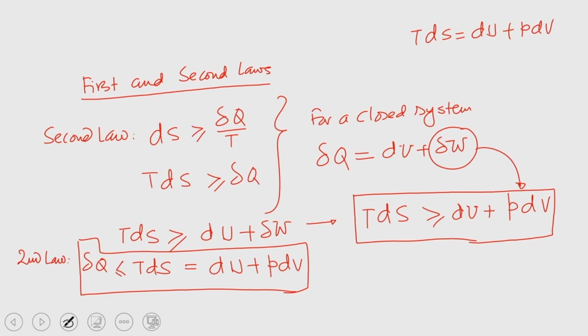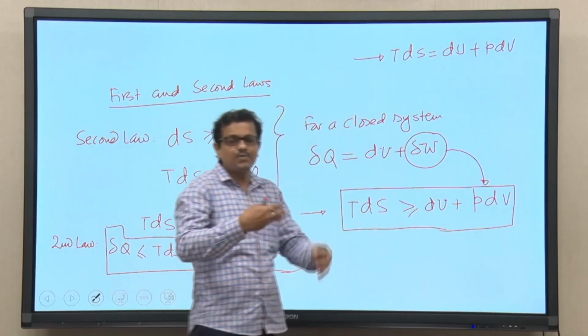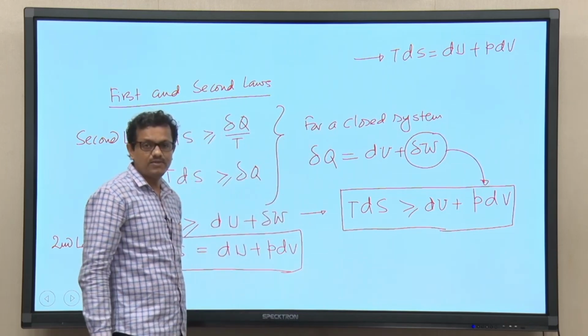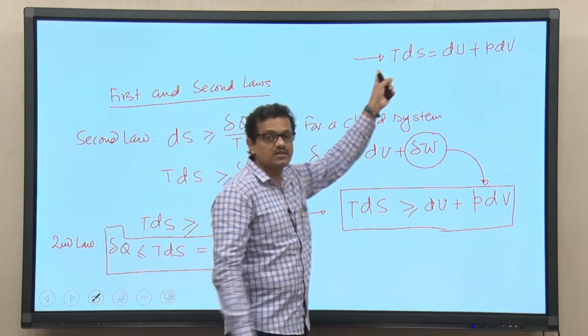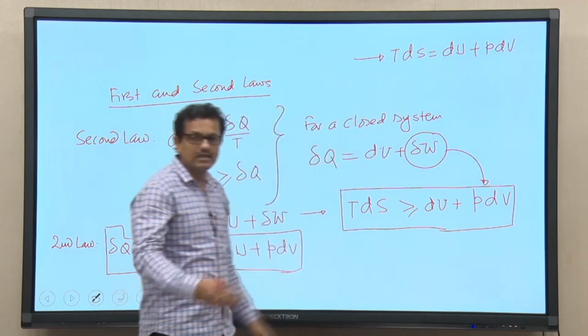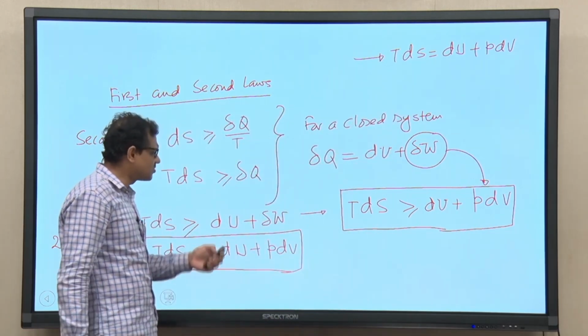If it is a reversible process, this is fine. Only thing we should be careful about is that it should be integrated over a reversible path, and the results of integration can then be applied.